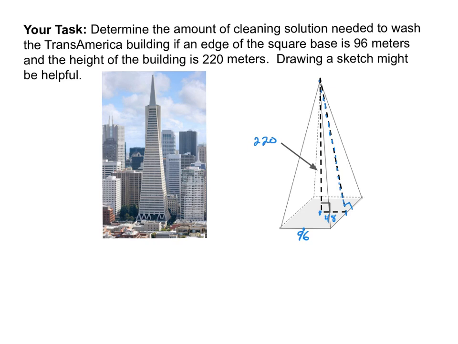So now all we have to do is use the Pythagorean theorem. So I'm going to do 220 squared plus 48 squared is equal to my slant height squared. And when we use slant height, we use the lowercase l, and it's usually italicized when we do that.